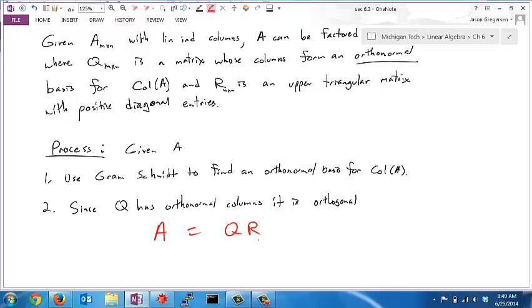Because I know that Q has orthonormal columns, I can just go like this. Because it has orthonormal columns, this is going to be identity, and I'll just use that product to be my R value. That's how I find R. So I use Gram-Schmidt to find Q, and then I take Q transpose A to find R.